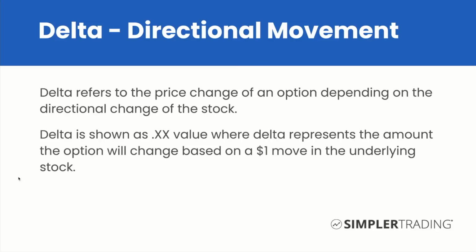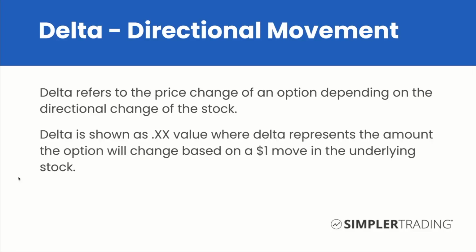But let's say that you have a delta 70 option and the stock were to rise $1. If it's delta 70 and the stock rises $1, the price of that options contract has changed by 70 cents, or $70 in real life dollars, as opposed to 70 cents in options dollars.